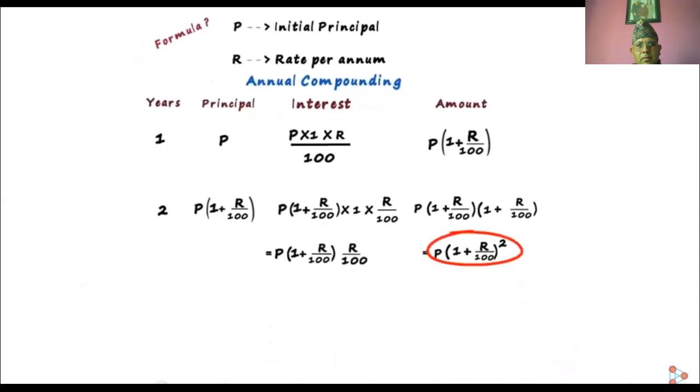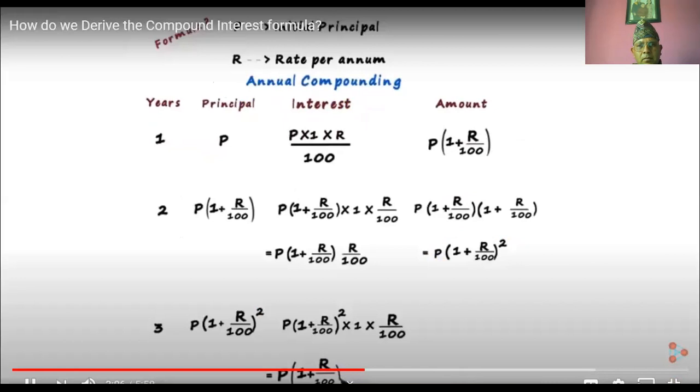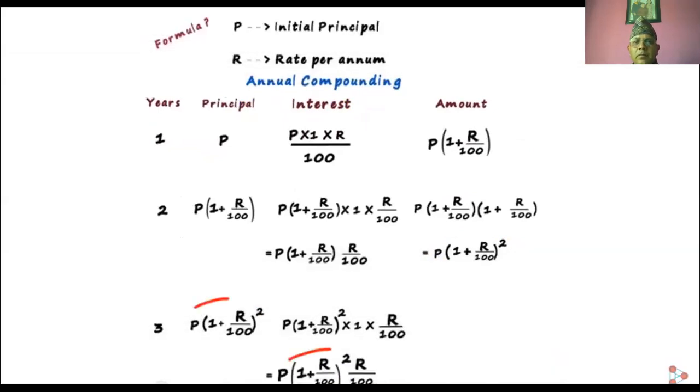Let us move on to the third year. This becomes the principal for the third year. We use the same formula for the interest. The interest will be this multiplied by 1 multiplied by R by 100. This can be simplified as P multiplied by 1 plus R by 100, the whole square, multiplied by R by 100. We add these two terms to get the amount.